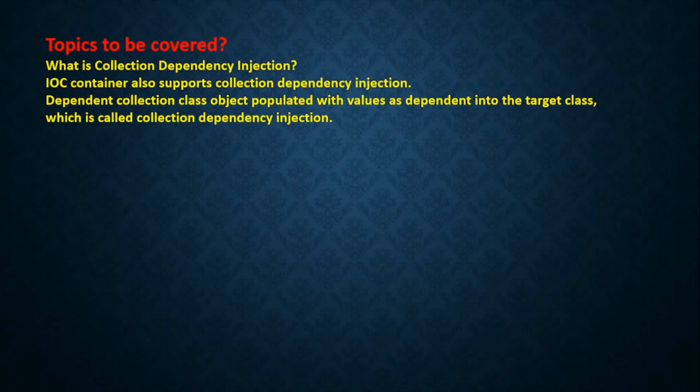So dependent means dependent object values. We are going to inject into the target class, whereas the dependent class is a collection type. Since we are injecting the collection type into the target class, it is called collection dependency injection. I hope the term itself is clear for all of you.